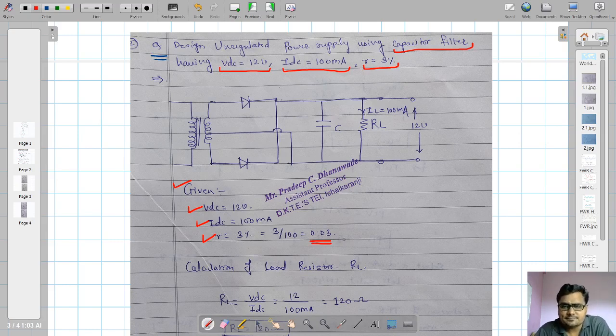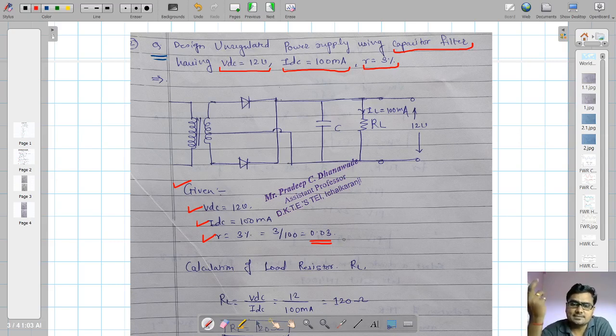Now, they have stated design an unregulated power supply using a capacitor filter. They didn't tell you which rectifier to use, whether half wave, full wave, or a bridge rectifier.